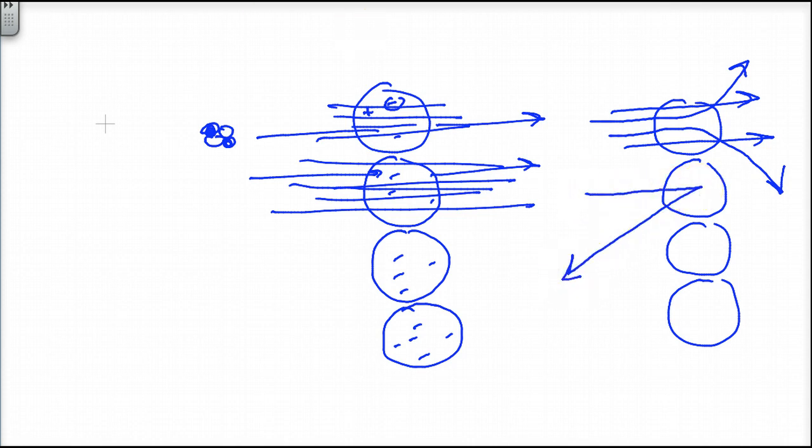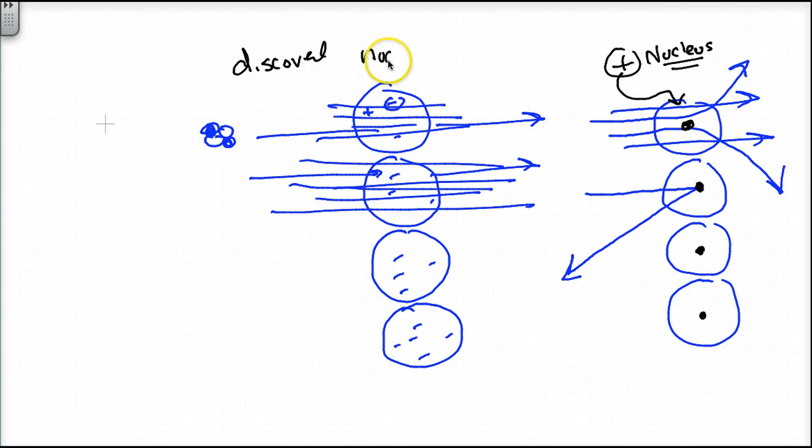And the reason is because the entire mass of the atom was in the nucleus. And the only reason why these guys would deflect like they are is because the nucleus, where all the mass of the atom is, must have been positive. So we have a positive nucleus.